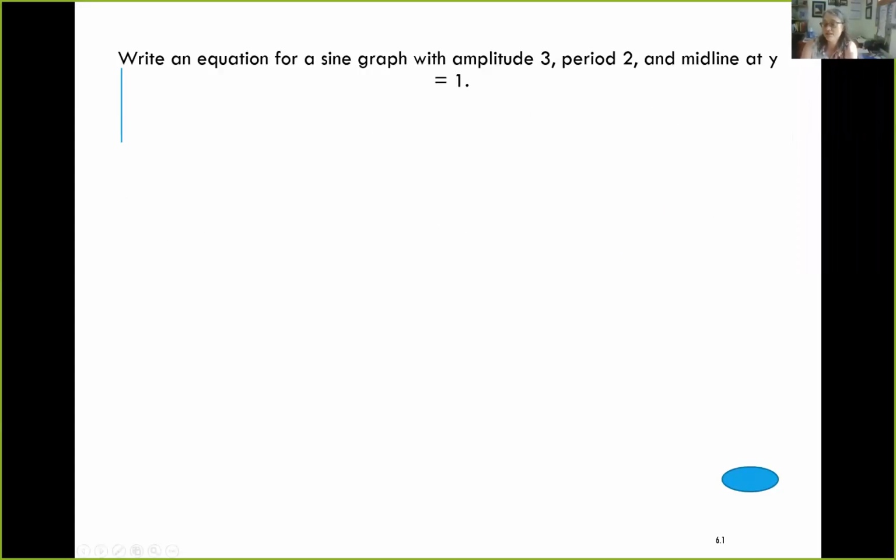So let's put it all together. Let's write an equation for a sine function that has an amplitude of 3, a period of 2, and midline at 1. Well, we know we're going to have y equals something times the sine of something times x plus something.